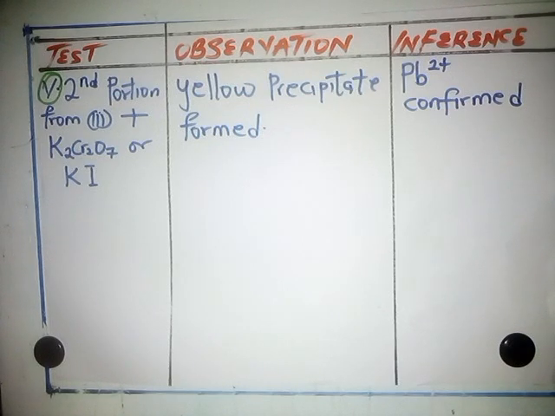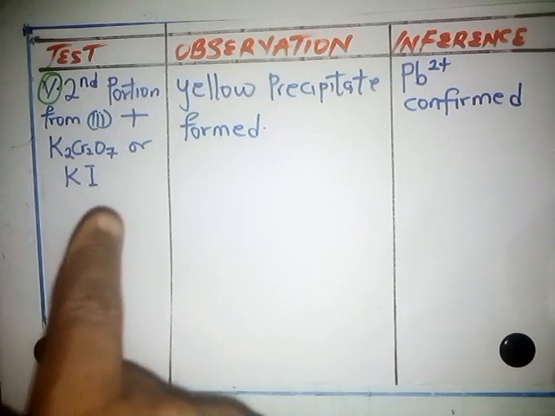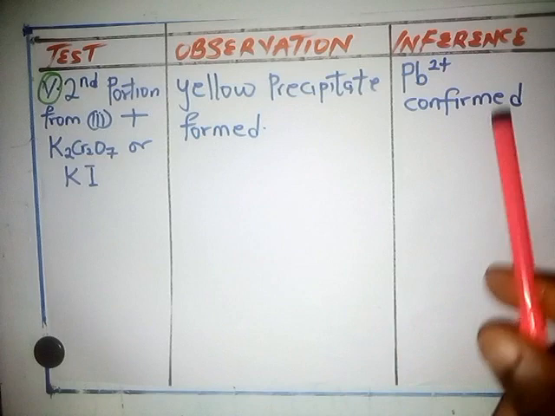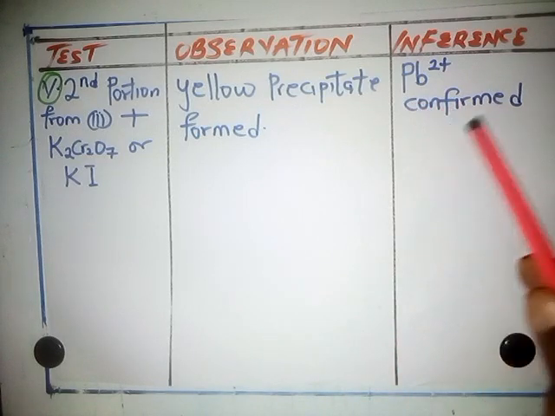When you add dilute HCl to this portion and you heat it, you notice that a white precipitate will be formed that dissolves on warming and reappears on cooling. You also see the inference will still be Pb2+ confirmed.